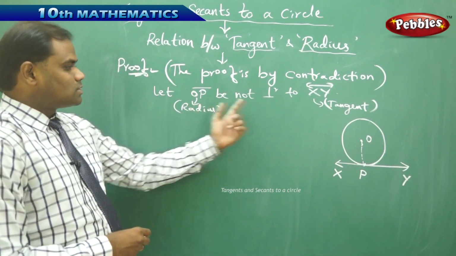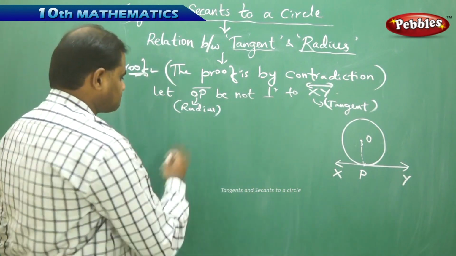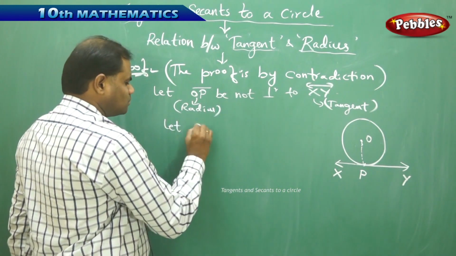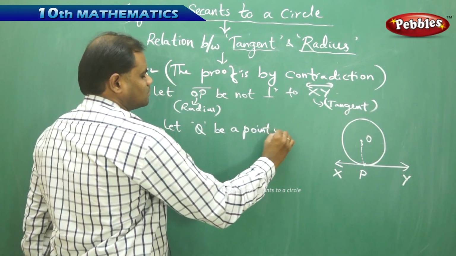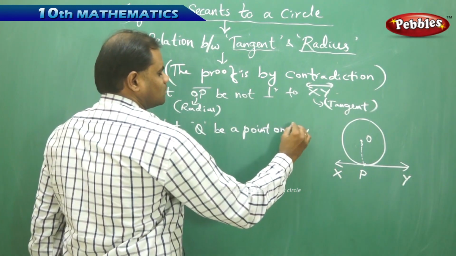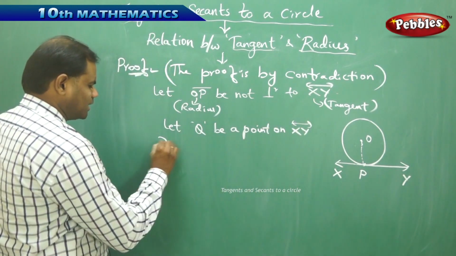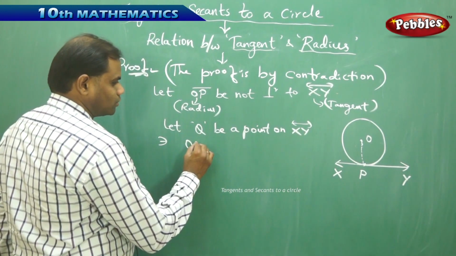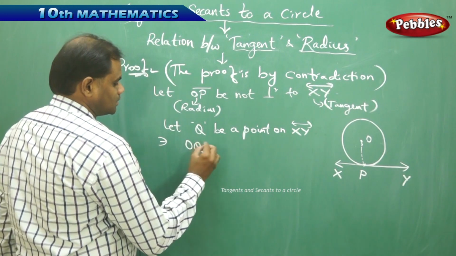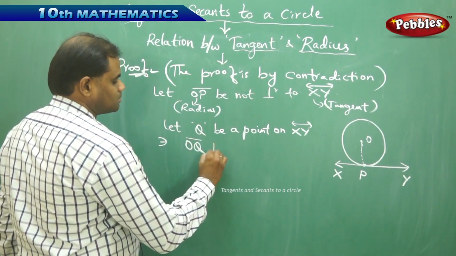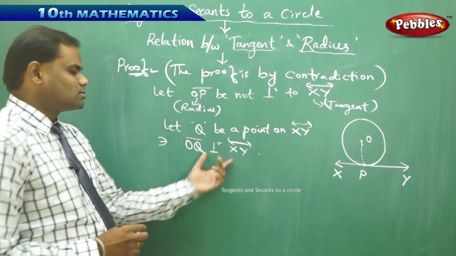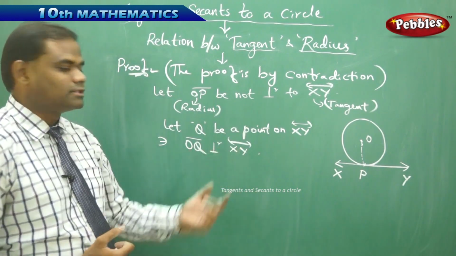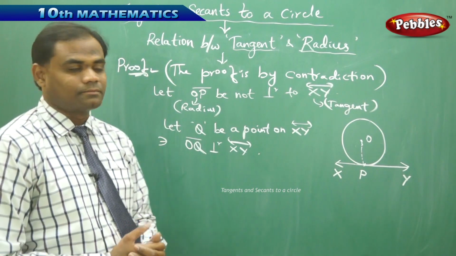Because OP is not perpendicular to XY, let Q be a point on XY such that OQ is perpendicular to the tangent XY. So let me take one point Q which is perpendicular and prove by contradiction.